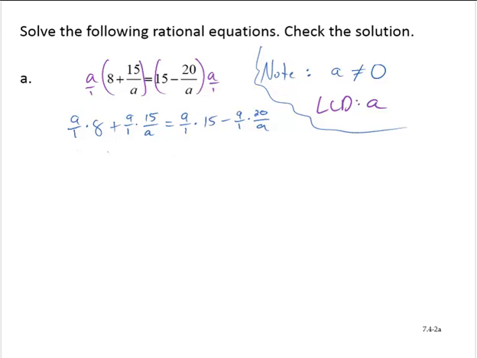Alright, so simplifying gives us 8a plus 15 is equal to 15a minus 20. And so now this is a linear equation, which is relatively straightforward to solve. I will subtract 15a from both sides of the equation.